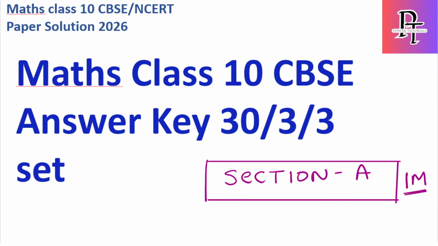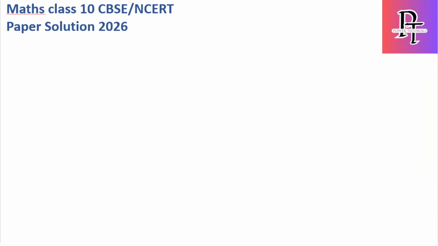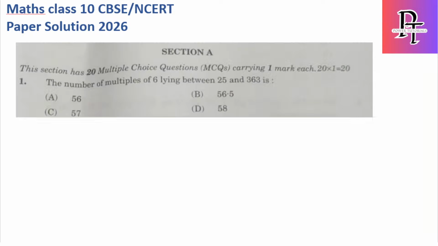Okay, fine. So let's go with the section A questions as of now. Section A contains MCQ questions: 18 are MCQs and 2 are assertion-reason questions. We are going to cover each and every question along with the details, so that if a similar type of question is present in any other set, or if you want to improve your concept for a re-attempt, you can check and practice more.